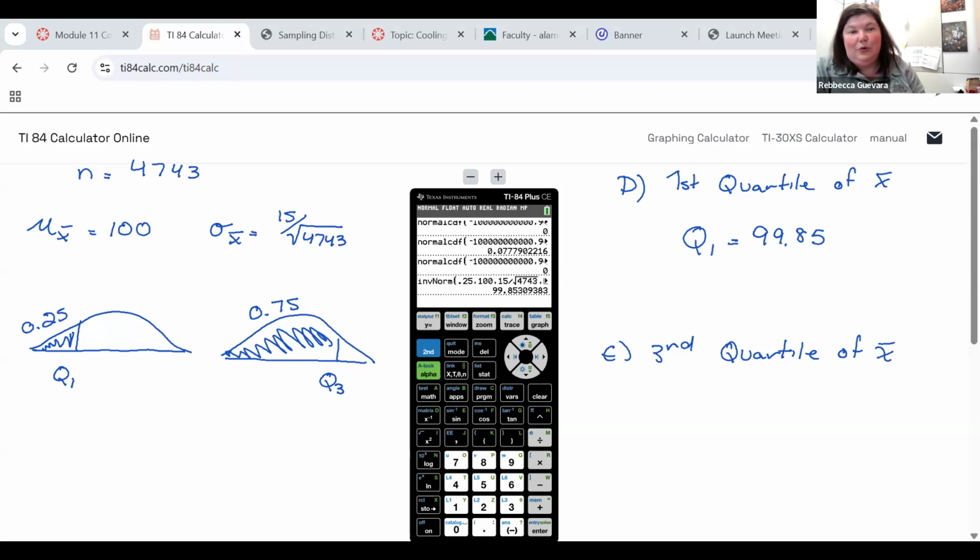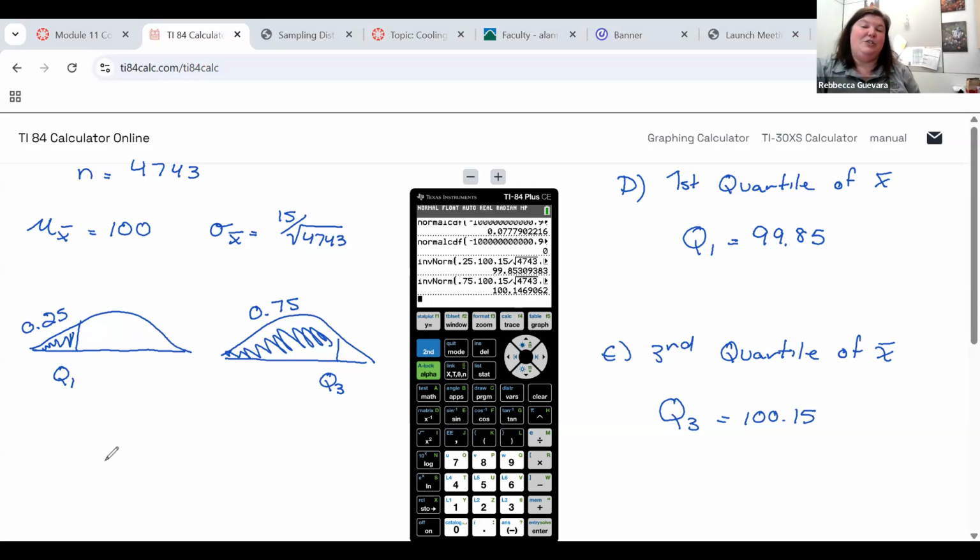Now, if I do the third quartile, all I'm doing is going back to the same thing. So number 3, but now that area is just 0.75. Nothing else has changed because we left everything else the same. So my third quartile is going to be 115 approximately.